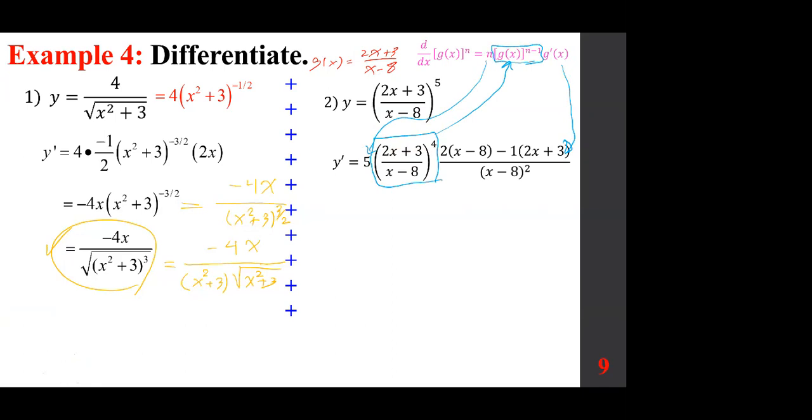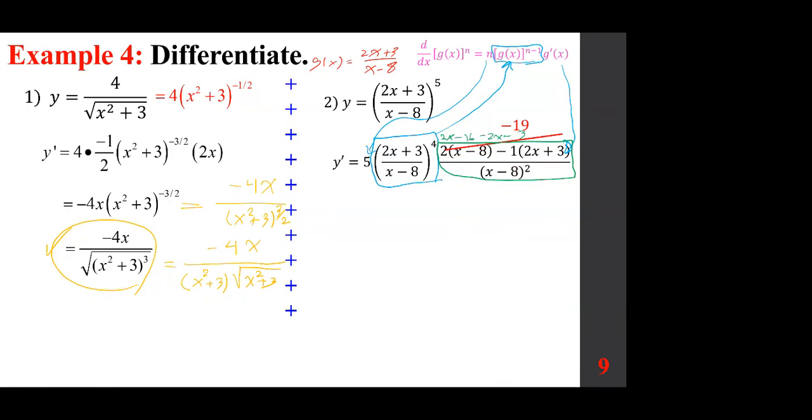This whole thing is g prime. Using the quotient rule, everybody. Now, I hope you see that it simplifies to 2x minus 16 minus 2x minus 3, 2x and minus 2x cancel each other. We replace the numerator with negative 19.